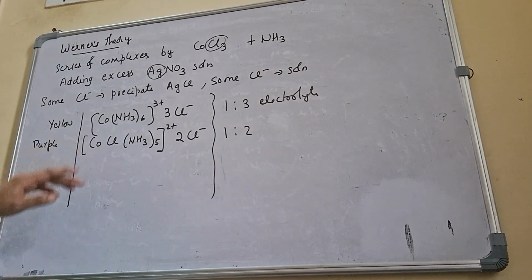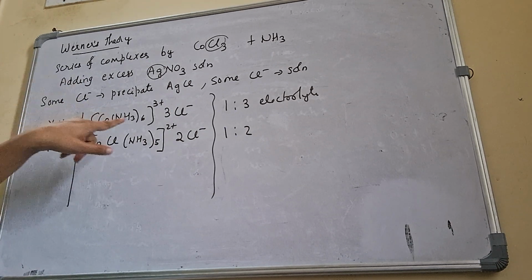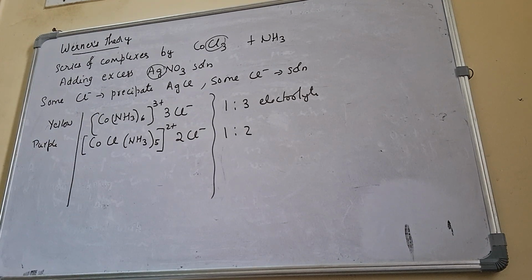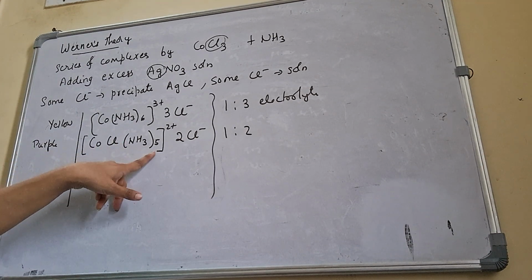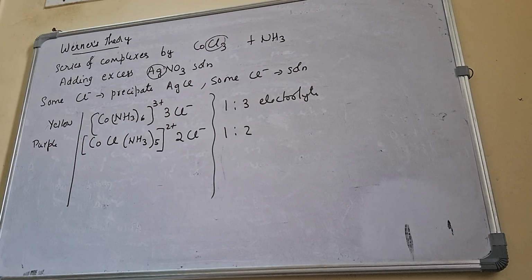He did not know this formula for the colored complex, but we are understanding it now. Cobalt has oxidation number 3, so with 5 ammonia and 1 chloride inside, 2 chlorides will be outside, because CoCl3 is needed. So 2 chlorides were precipitating out for every molecule.